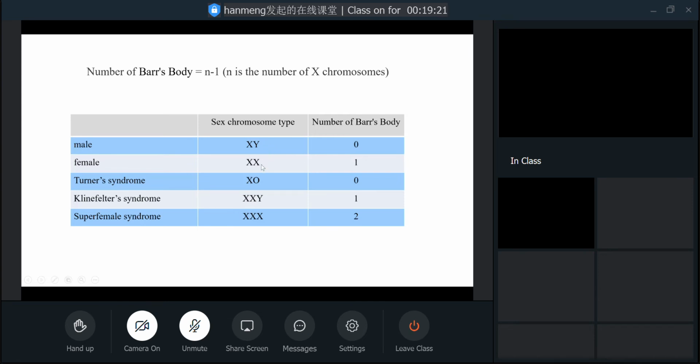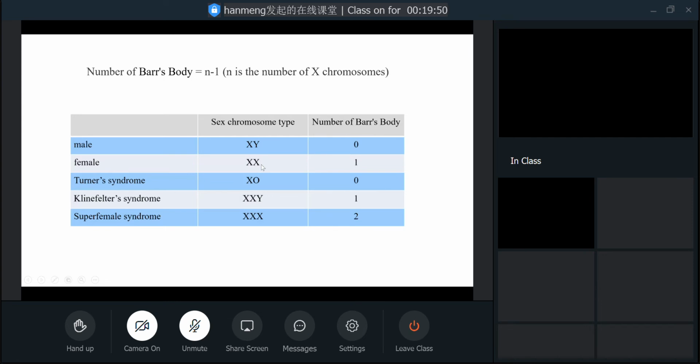If we want to learn how to observe the Barr body, first we must know the Barr body, and then we learn some other knowledge. But first we will learn how to prepare a specimen to observe.